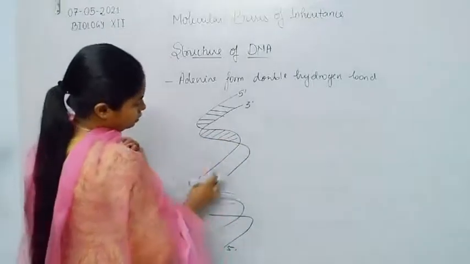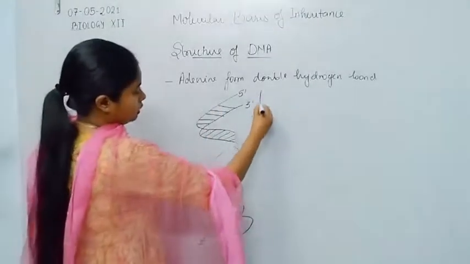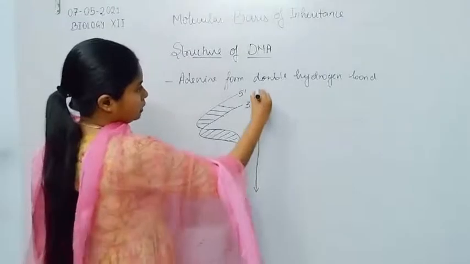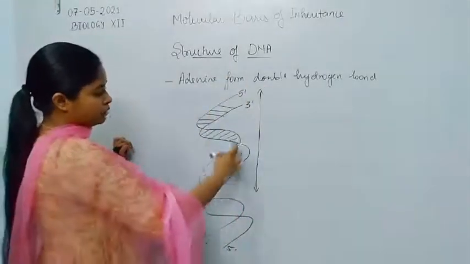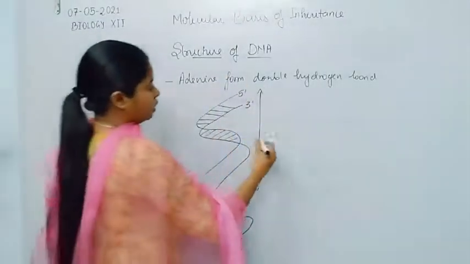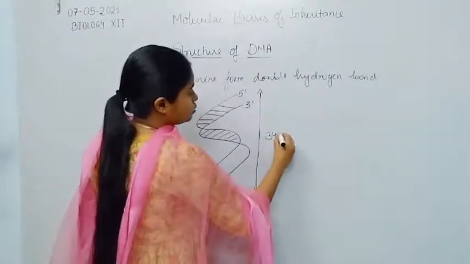Now the length of one coil, here is one coil, is about 34 angstrom.